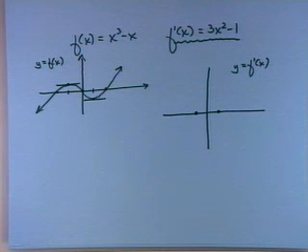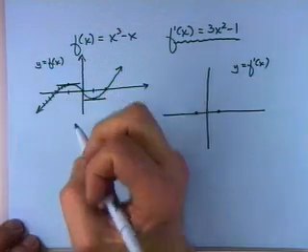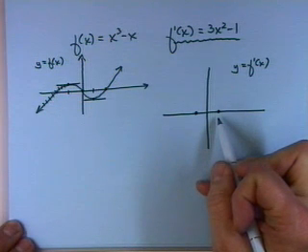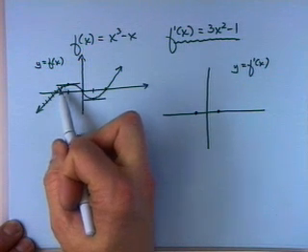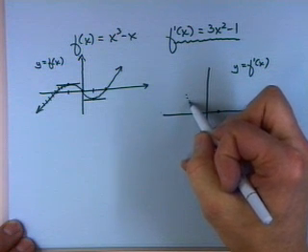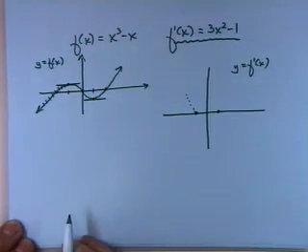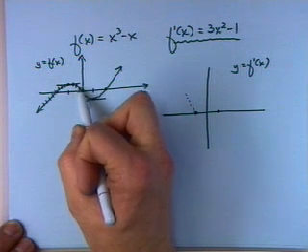Okay, where the original function is increasing, what should my derivative function be? Positive, right? Where the original function is increasing, the derivative graph should be positive. Here's where the original function is decreasing.